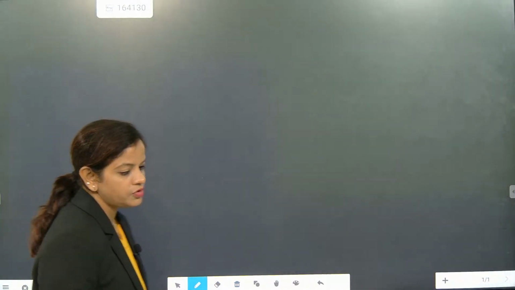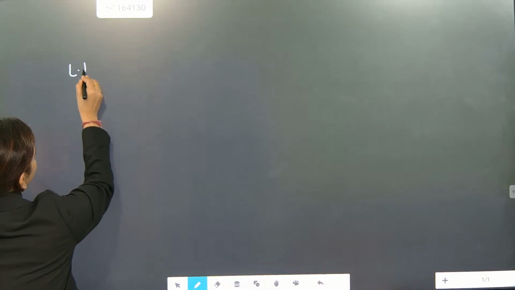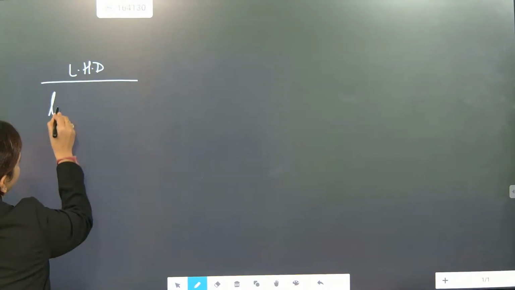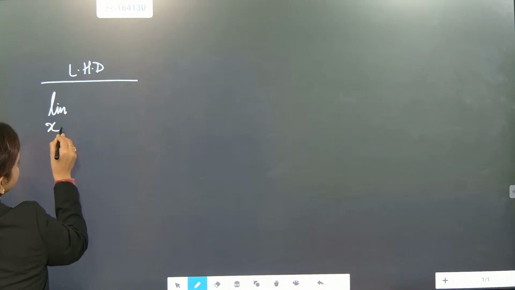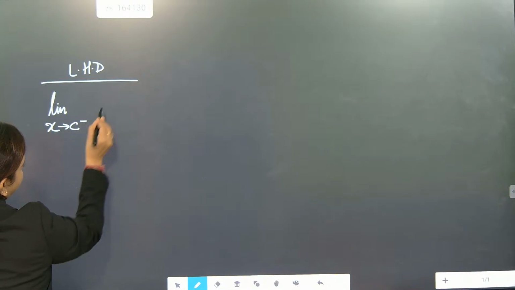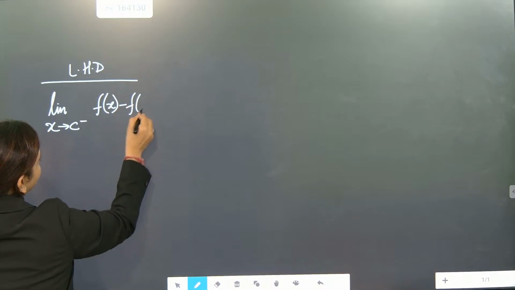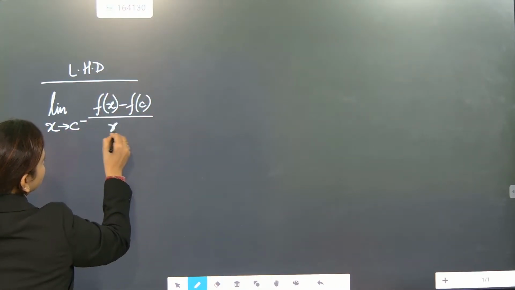So now just understand left hand derivative and right hand derivative. In short, I'm writing. What is the left hand derivative? Limit x tends to c minus, f of x minus f of c by x minus c.